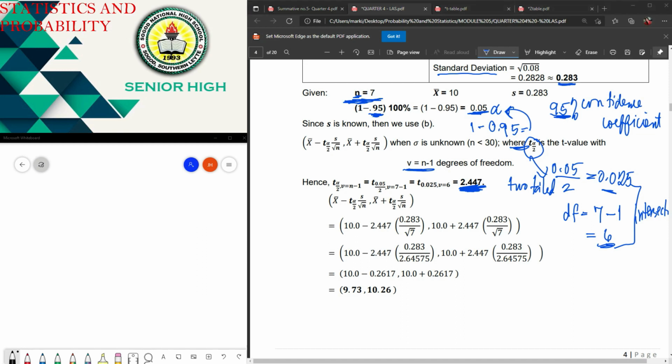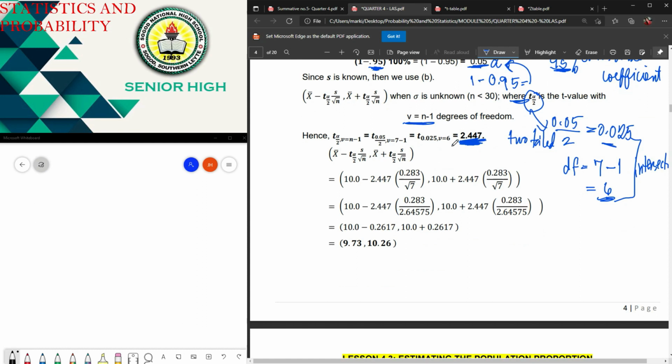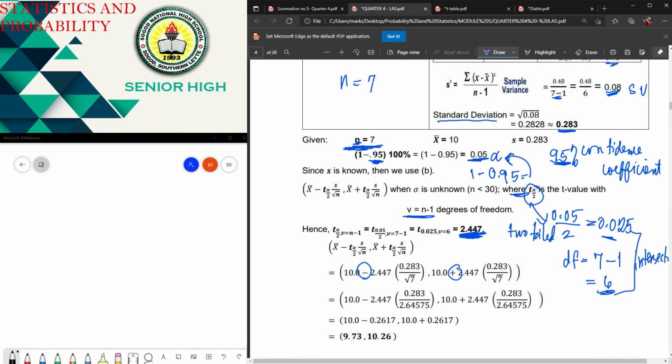Okay, that is two-tailed. Next, after that, we can now substitute. Again, the only difference is the subtraction and the addition. So you can simply substitute all these letters here, because you already have the values. You already completed the given. So the mean of the sample is 10. That's why we have 10 here.